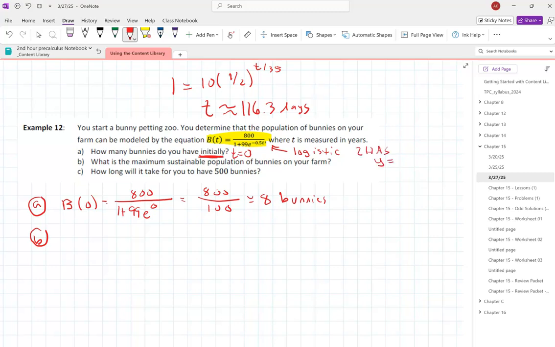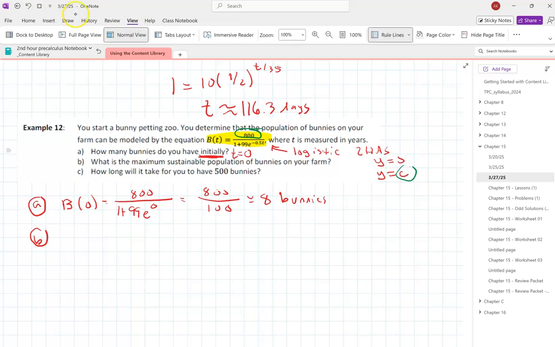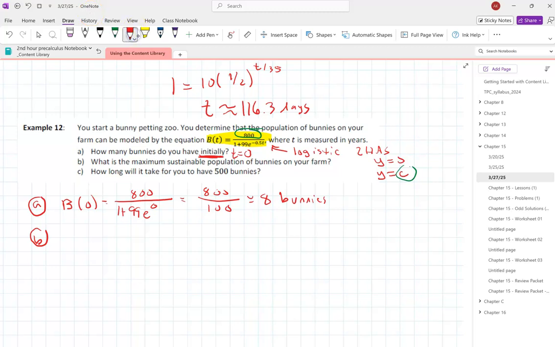One of them is always at 0. The other is at y equals c, where that c is just the numerator of the fraction. That is my maximum sustainable population. That's easy.